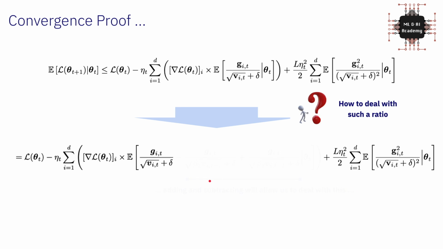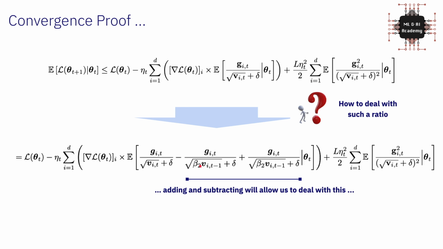Now what the authors did, they added and subtracted this term. After adding and subtracting this term, we will be able to get rid of this ratio problem, but keep that in mind because we're going to see it in a second. The reason they're adding and subtracting this term is that later on it will help me get rid of this ratio problem.